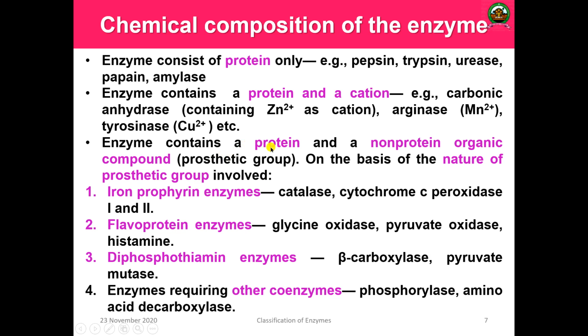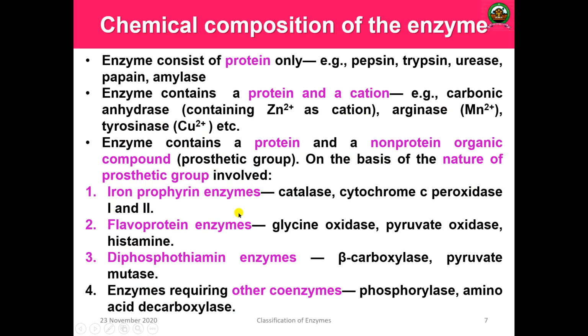The non-protein part is known as a prosthetic group. On the basis of the nature of the prosthetic group, in addition to the protein part, there is another classification criterion. On the basis of the nature of the prosthetic group involved, the enzymes are mainly of 4 types.